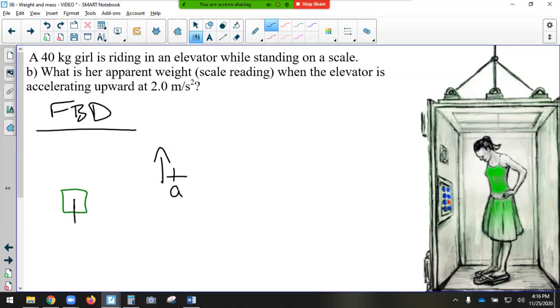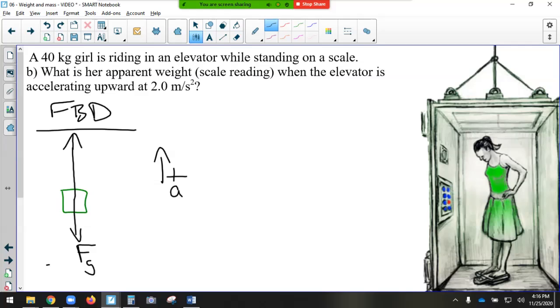Her weight is technically the same. It is still going to be mass times acceleration of gravity. Her apparent weight will be a little bit different.